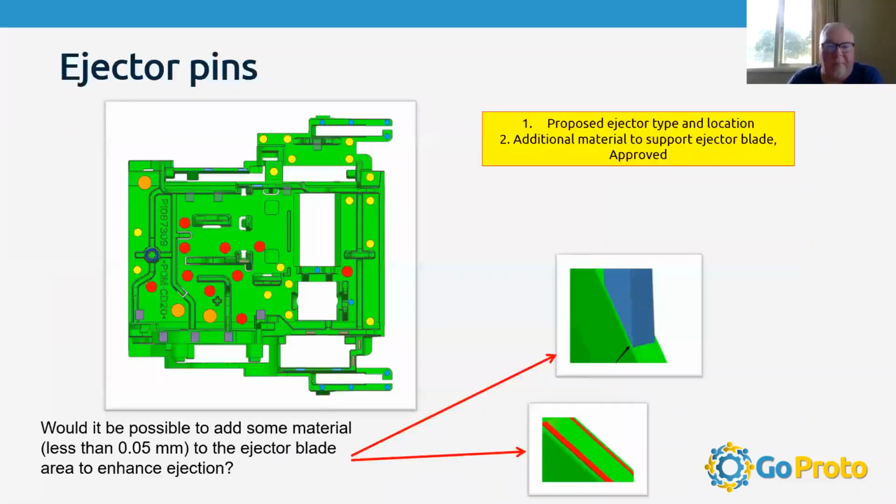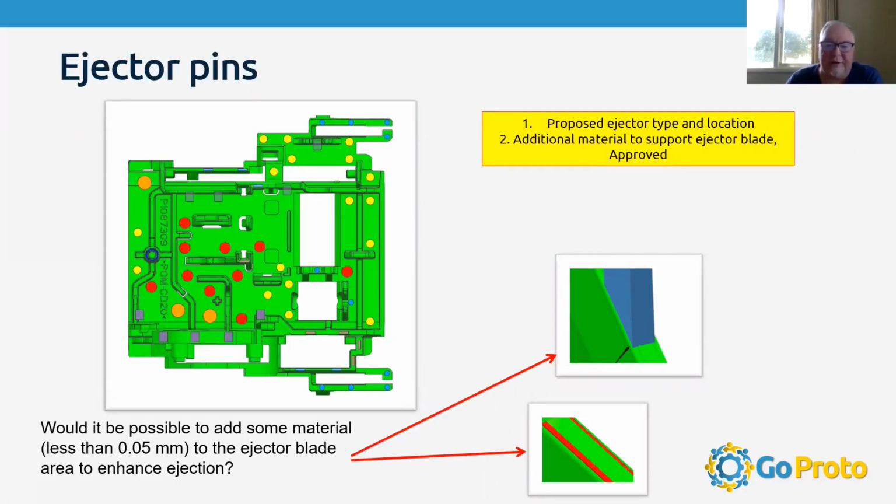All right, ejector pins. These are pins that are strategically placed throughout the tool to help lift the part up and out of the mold. We have various sizes. You'll see the larger orange ones, the red ones that are a little smaller, the yellow ones get a little smaller yet, and the blue ones go out on these smaller features. That's not all we're limited to.